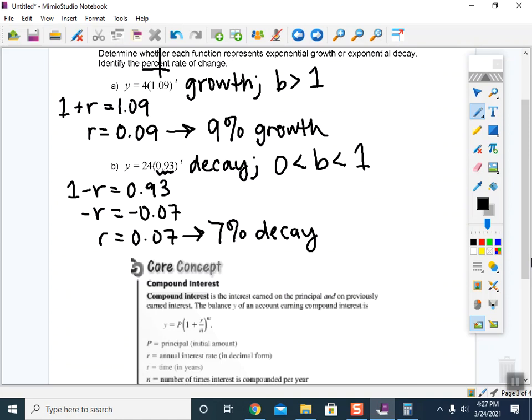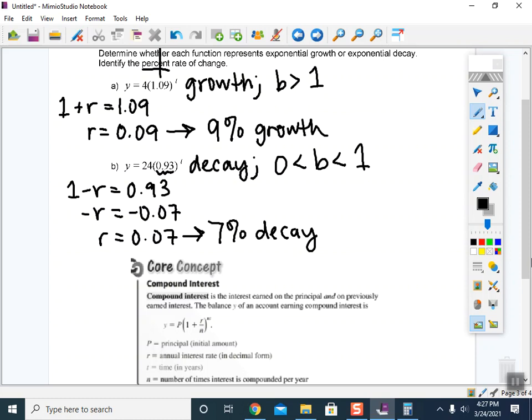Here's a couple things that I would like to point out. When I have exponential growth, I take 100% of what I have and add on to it. That's really what this 1.09 is saying: I'm taking a whole part of it, 100% of it, and then adding an additional 0.09 onto that.